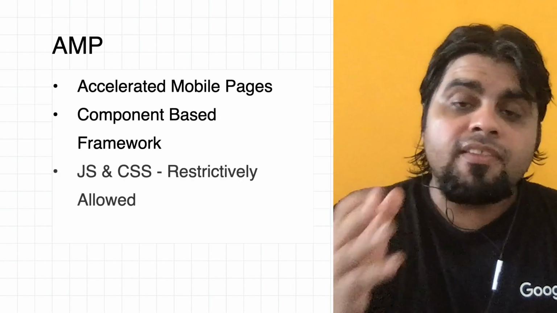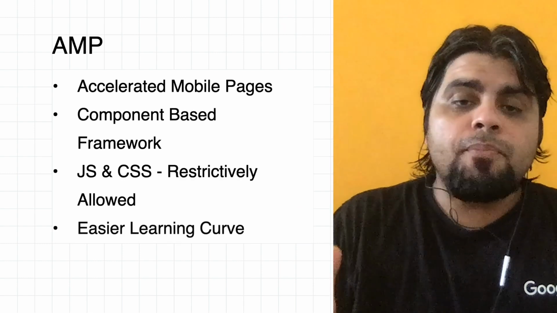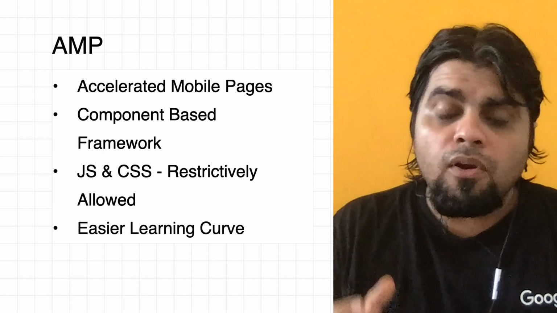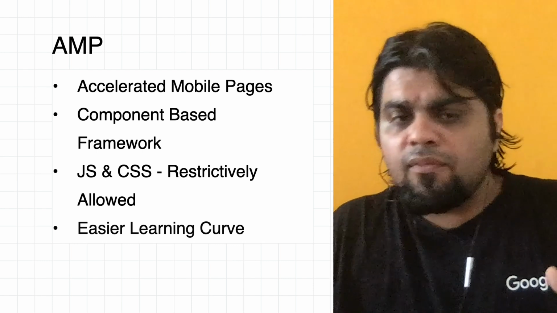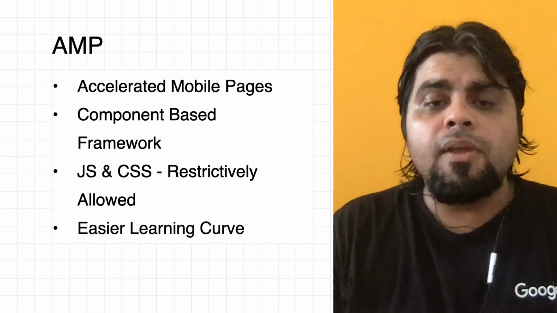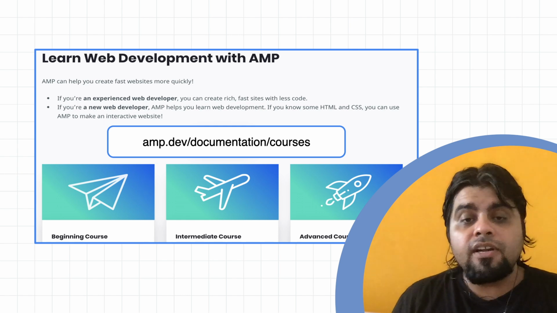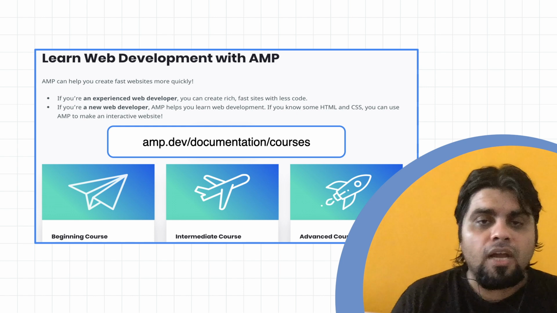One more thing I want to highlight here is that since AMP, which is Accelerated Mobile Pages, is a component-based framework and one doesn't need to go through a steep learning curve for learning JavaScript and CSS, which are kind of allowed very restrictively within AMP, beginners find it amazing to get started with it and making amazing websites. The official AMP team has created 3 basic AMP learning courses with proper tutorials and hands-on code labs.